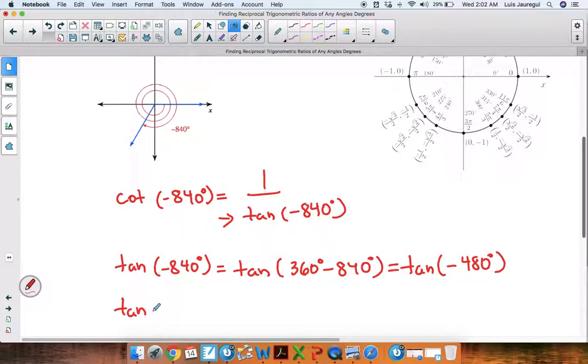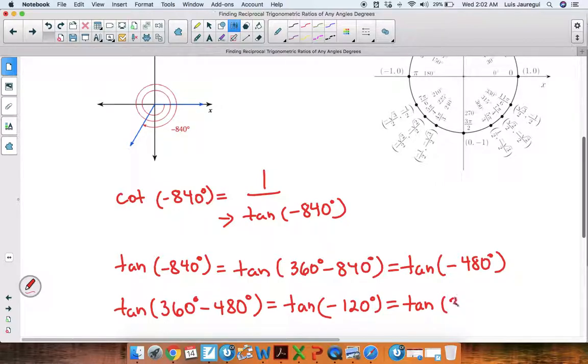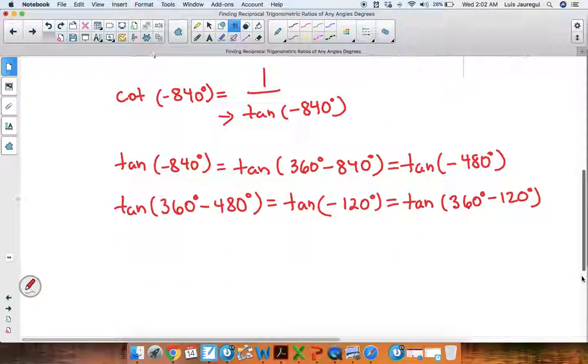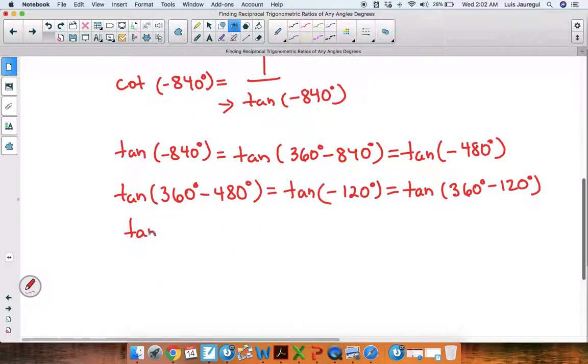So this is the same as tangent of 360 degrees minus 480 degrees. And this happens to be tangent of negative 120 degrees, which is still not an angle on the unit circle. So let's get the measure of a coterminal angle. So this is the same as tangent of 360 degrees minus 120 degrees. And that gives us tangent of 240 degrees. Now this is an angle on the unit circle.